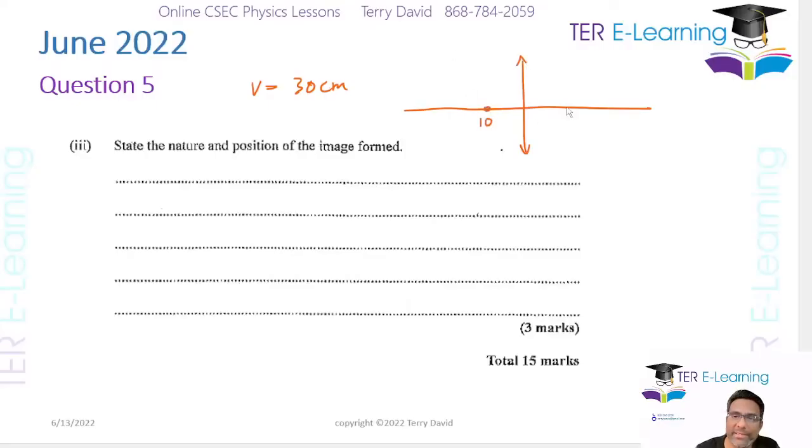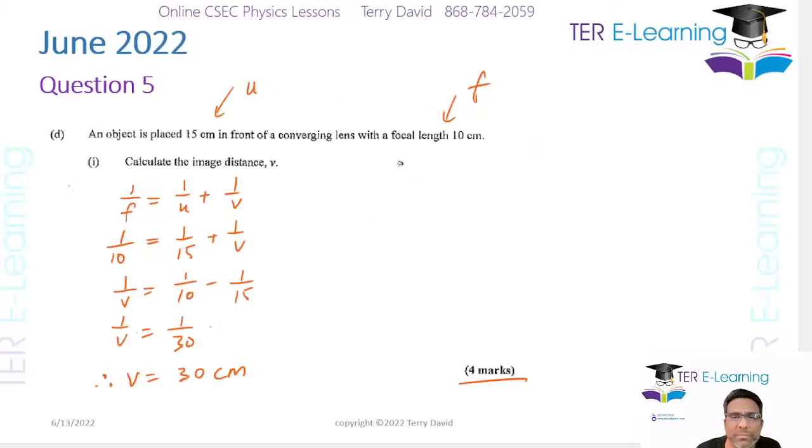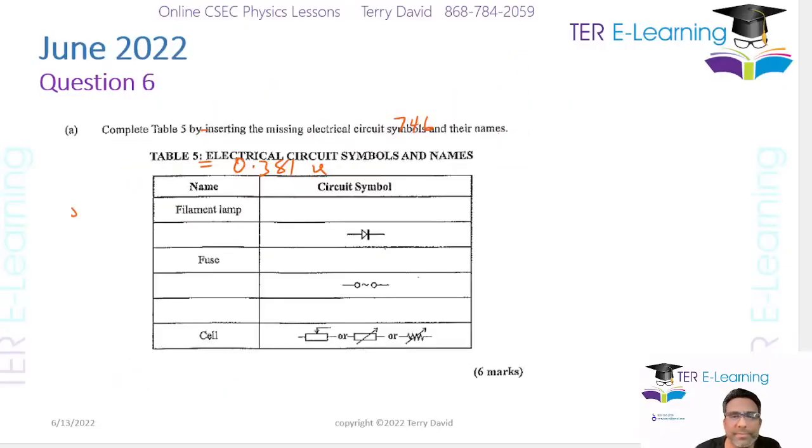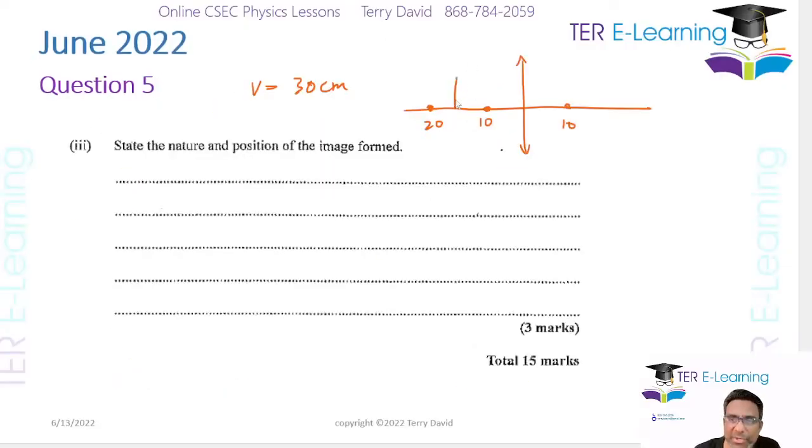Your focal length was 10, and the object is placed 15 cm, so the object is here. The image is being formed at 30. This is where your image is being produced. So this is your object, that's your image.